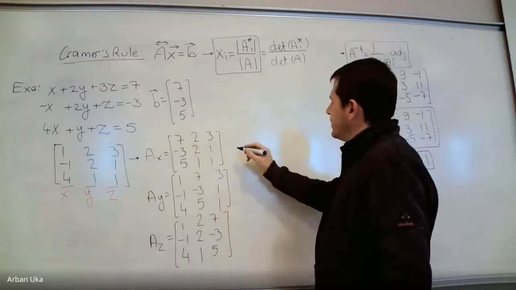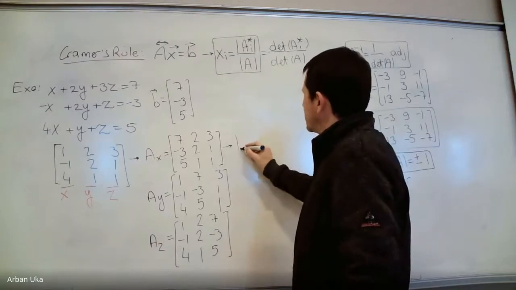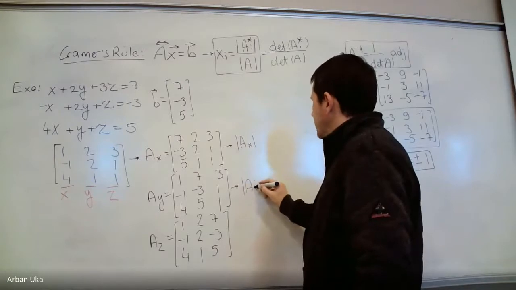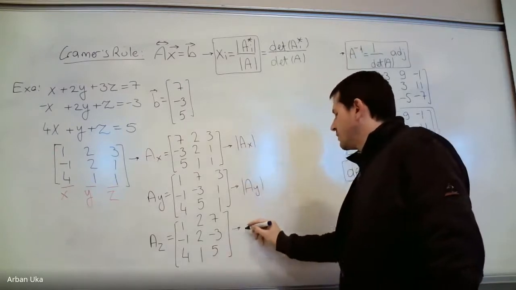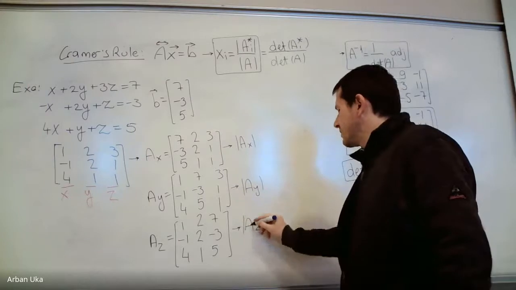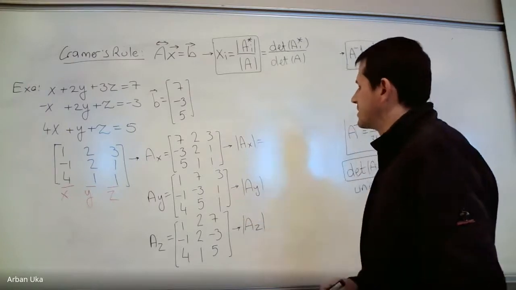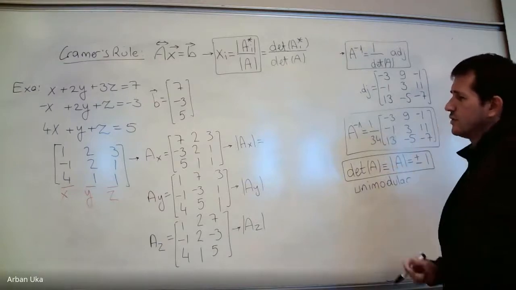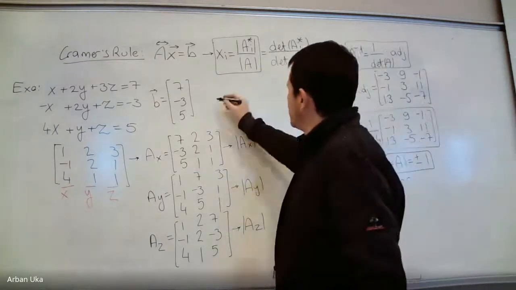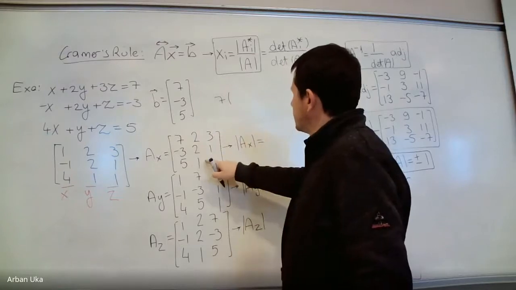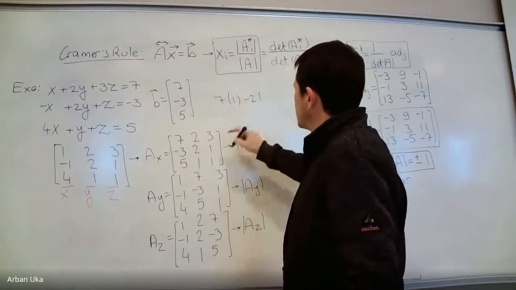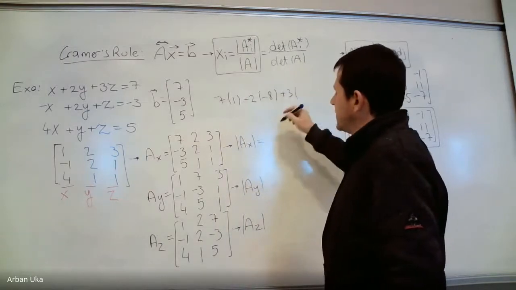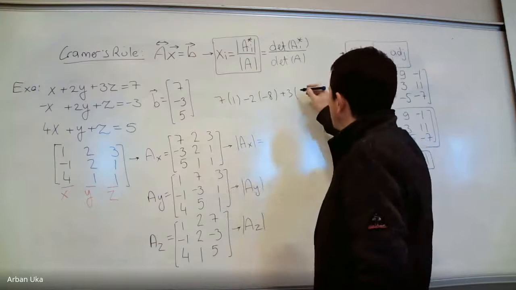So from here, the first thing we need to determine is the following. What is the determinant of AX? Then, what is the determinant of AY? And then the determinant of AZ. Let's try to determine these, starting with the first one. The first one is 7 times 2 minus 1, 1, minus 2 times minus 3 minus 5 minus 8, plus 3 times minus 3 minus 7 minus 13.